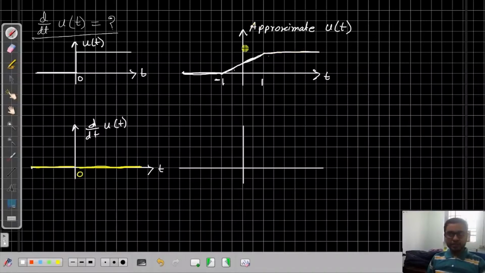Now I can differentiate this approximate curve, and if I do that, d/dt of approximate u(t) will have a value of 0 before this point because the function is constant. After t equal to 1, again the function is constant, so the derivative will be 0.